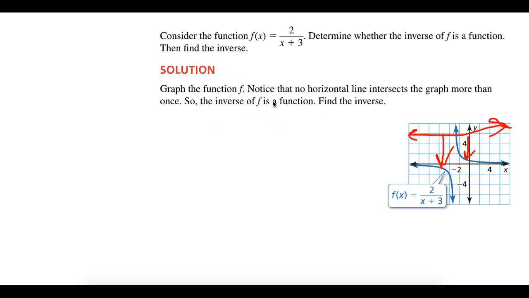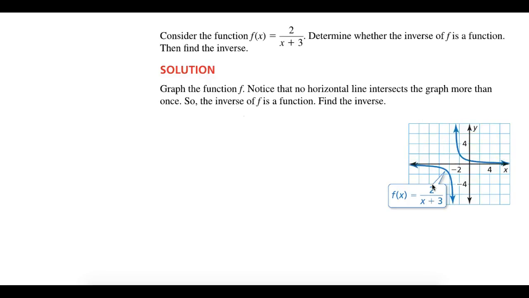So it's a really easy test. Again, you take a horizontal line, left to right, and you move it up or down. And if at no point the line crosses our graph more than once, you know that the inverse is a function. So very basic test to determine this.